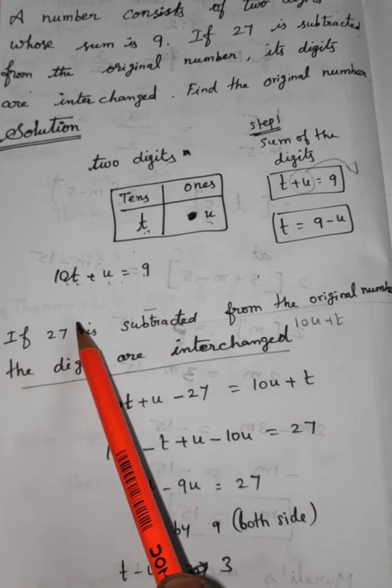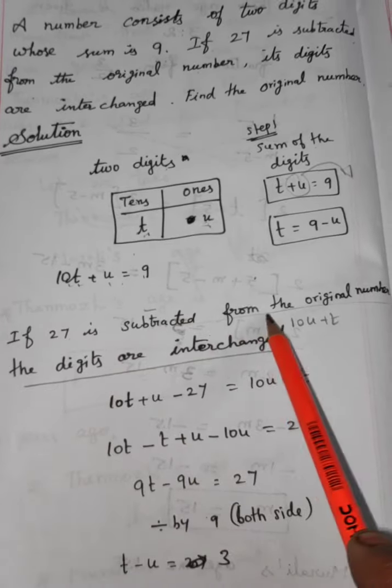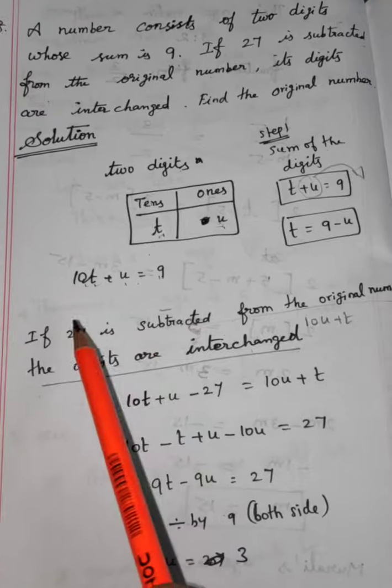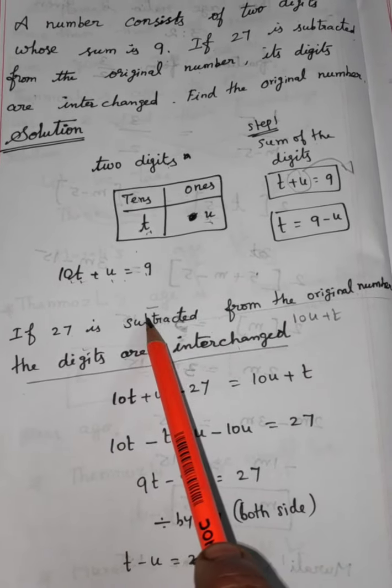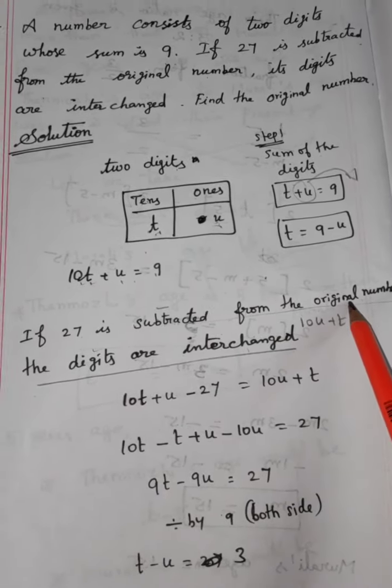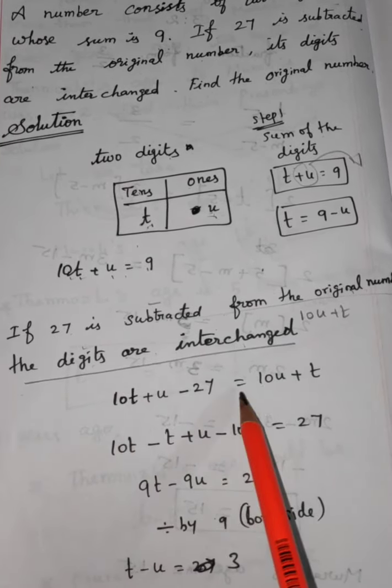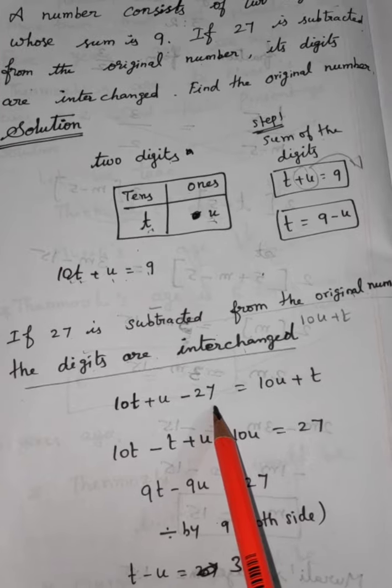Now, if 27 is subtracted from the original number, the digits are interchanged. First, the original number minus 27.